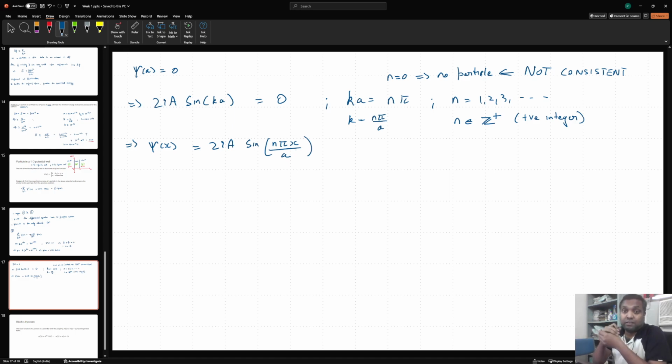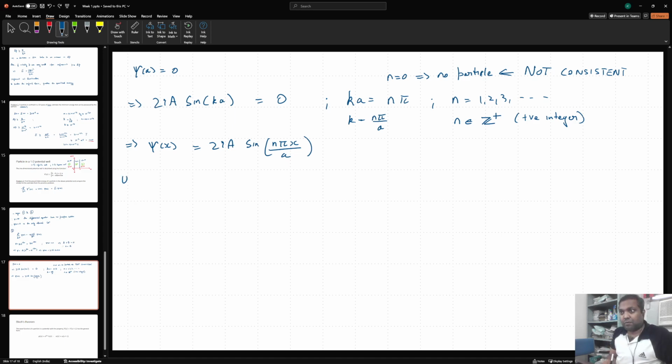Now, how do I find the value of a? We use the normalization condition, and that exercise is not going to change. In fact, if I take the modulus squared of this, you will see that the iota kind of vanishes.